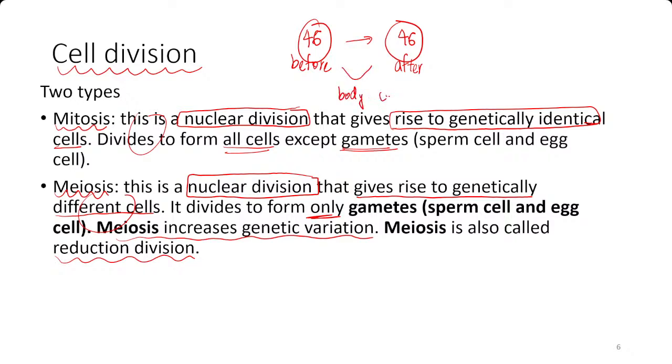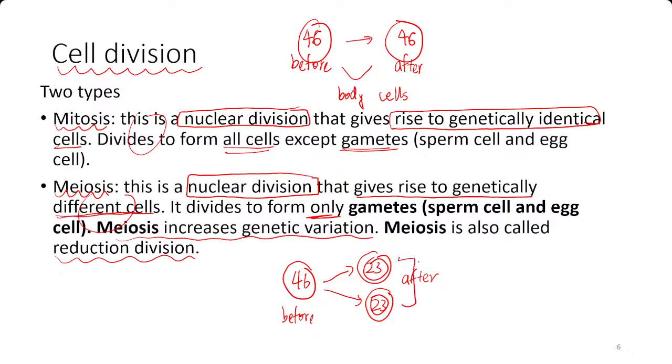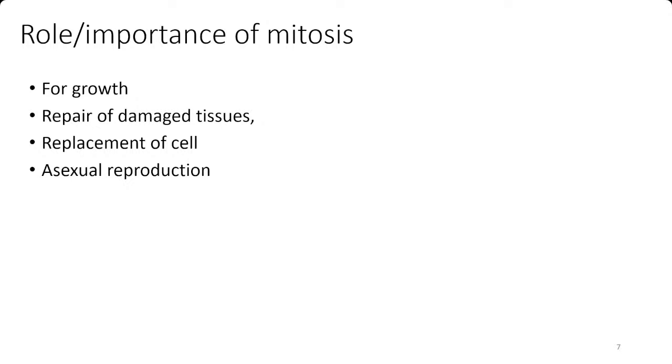But when you come to meiosis, you have 46 before, but then this becomes 23, and another becomes 23. So after, 23 is not the same as 46 before. That's why it gives rise to genetically different cells. Now you know 23 are found only in gametes. That's why meiosis gives rise to gametes, whereas mitosis gives rise to genetically identical cells, which are body cells.